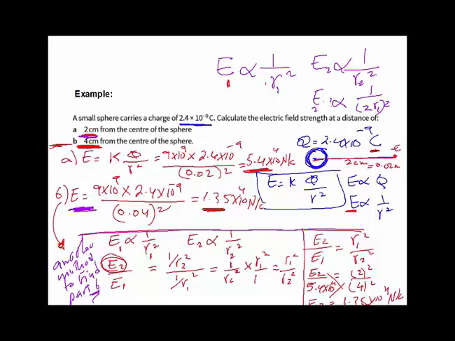That means this is 1 over 4 R1 squared. So if R is increased by a factor of 2, E2 will decrease. By which factor? 2 squared is 4, so it will be decreased by a factor of four.